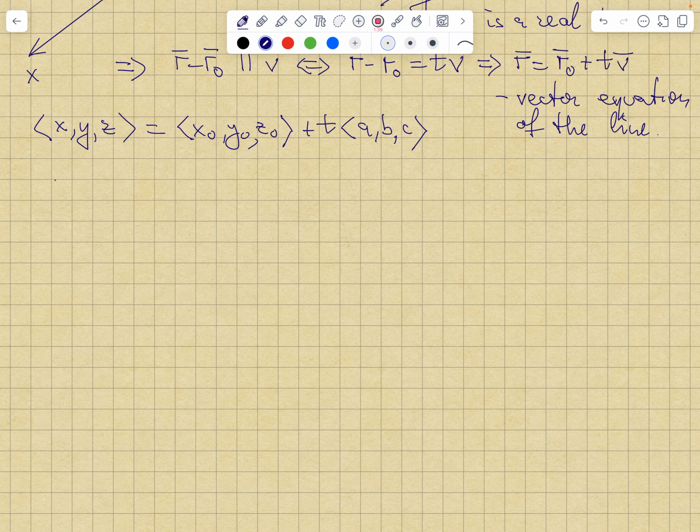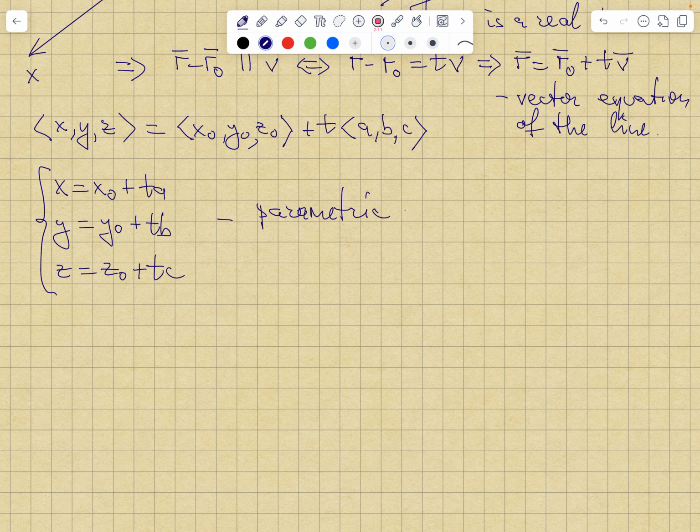Combining this, x is equal to x0 plus ta, y is equal to y0 plus tb, and z is equal to z0 plus tc. Something like this is called a parametric equation of the curve.